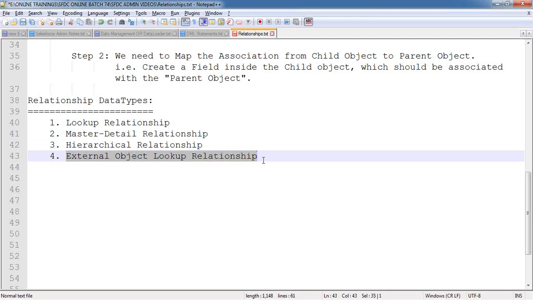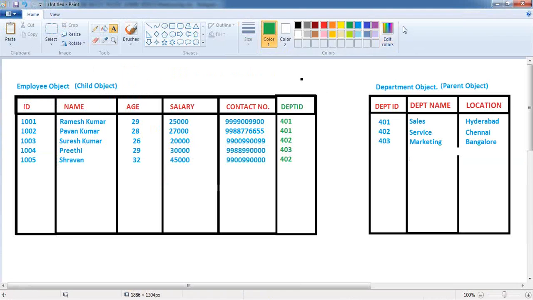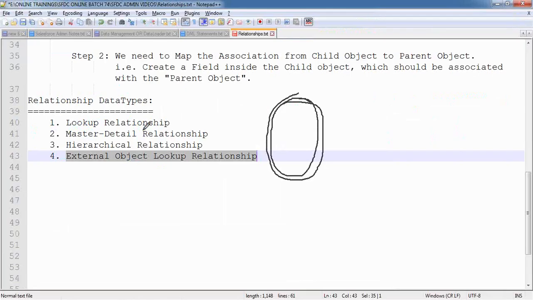Now, from these 4, we have to select any one data type upon mapping the association between the two objects, by creating one additional field. So upon creating this department ID column inside my child object, we have to select any one data type from these four. Each data type has different functionalities, different behaviors, and different features. We'll see each and every concept as part of this relationship concept.